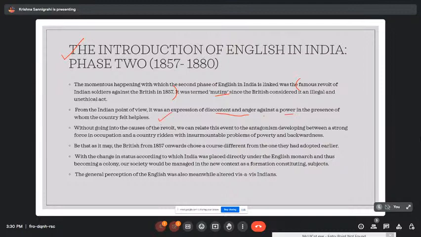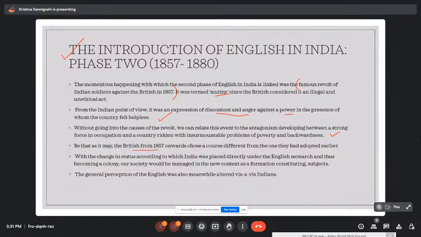So it was a kind of registering their non-acceptance of the foreign power. Without going into the causes of revolt, we can relate this event to the antagonism developed between a strong force in occupation and a country ridden with insurmountable problems of poverty.